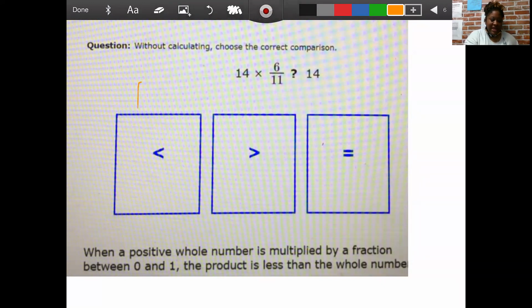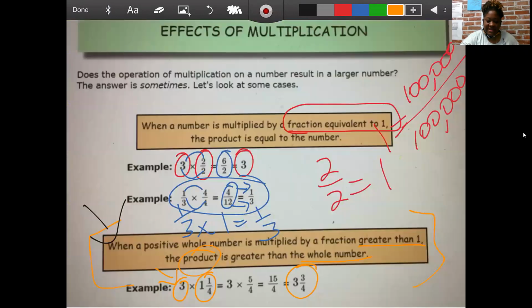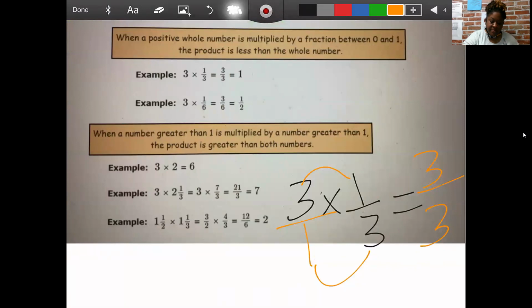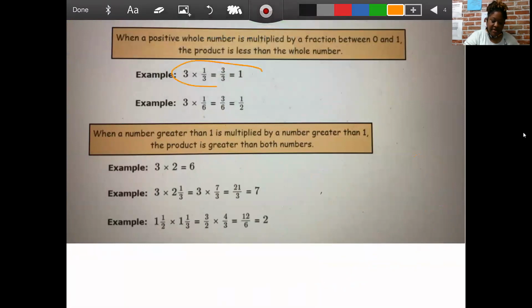So you can put A, B, or C in the chat and tell me which answer choice you think it is. So if we go back, 6/11 is less than 1, okay? So it's going to be a fraction. When you multiply by a number less than 1 whole, then your answer is going to be less than that number, okay?